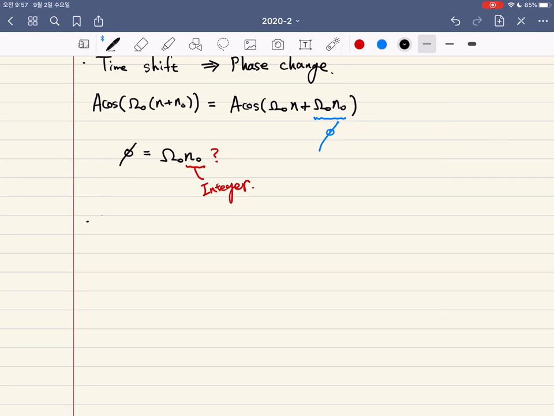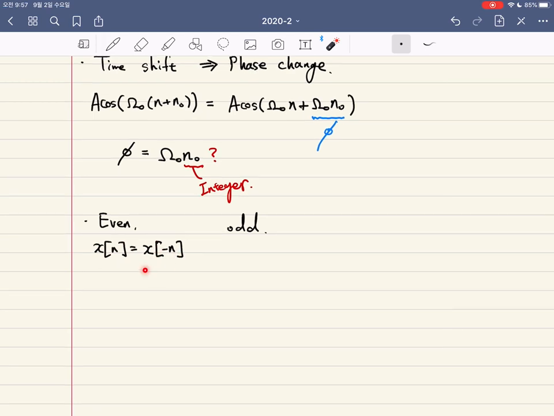Even function and odd function also exist for the discrete time, and I will move this part fast. So for the even function, we have the same definition, only with the difference of the bracket form.